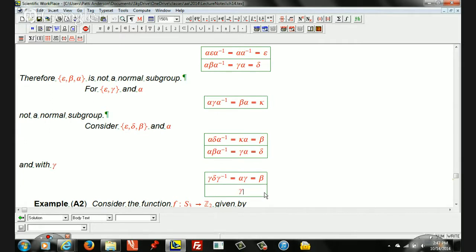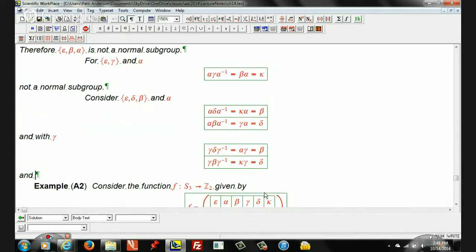And then we do gamma, beta, gamma inverse. So what's gamma beta? It's kappa. And gamma inverse was gamma, so kappa gamma is, okay, which is also in the set. Then the last one we have to check is kappa.